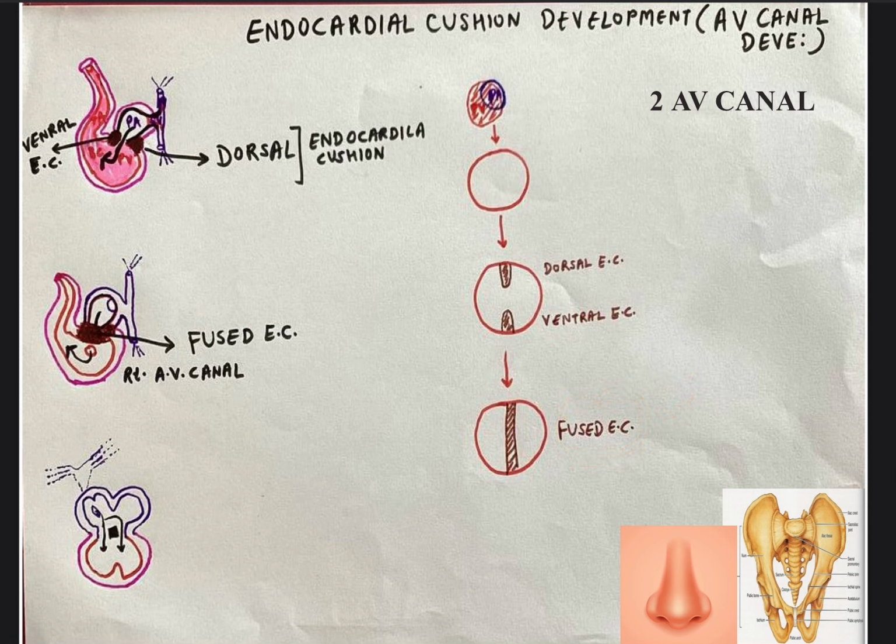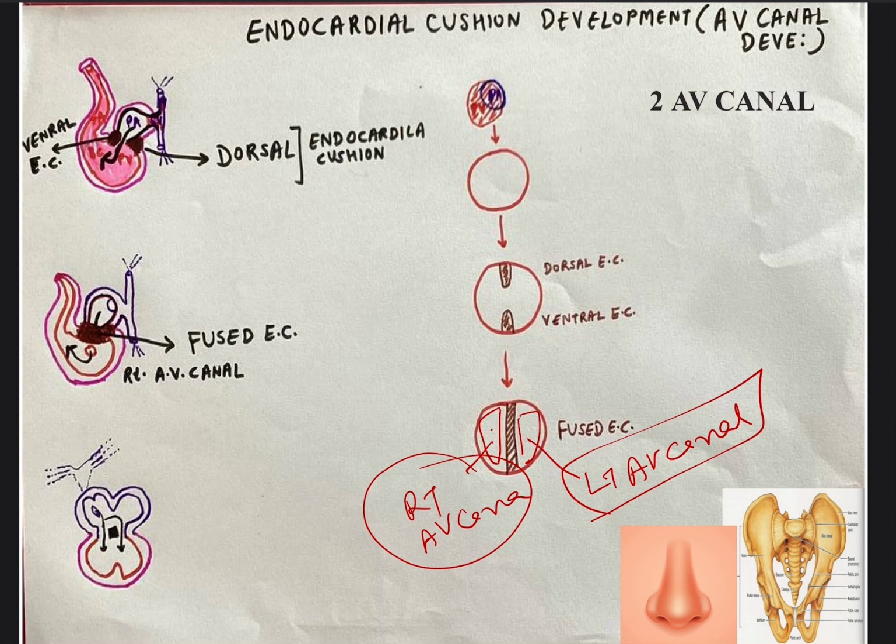This is the fused endocardial septum. After forming it, a single atrioventricular canal is now divided into two parts. This one is the right atrioventricular canal, and this is the left atrioventricular canal.